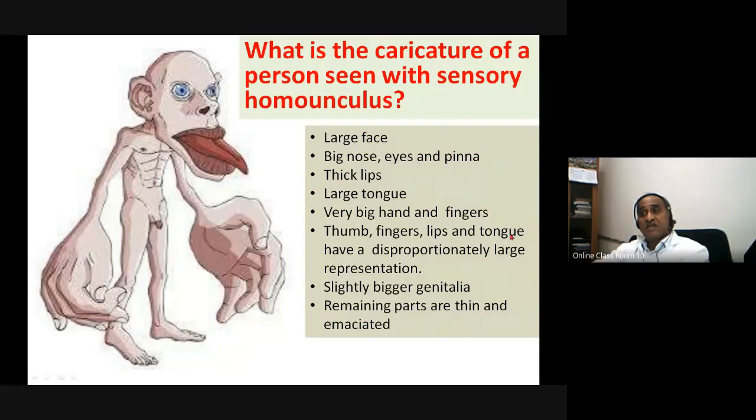Thumb, fingers, lips have a disproportionately large representation, slightly bigger genitalia, and remaining parts are thin and emaciated. This is a sort of a caricature, a monster-like look. So that is the sensory homunculus.